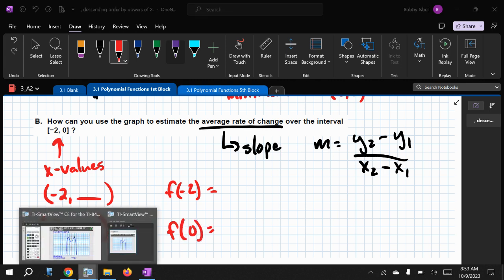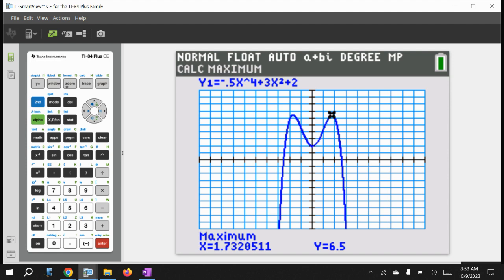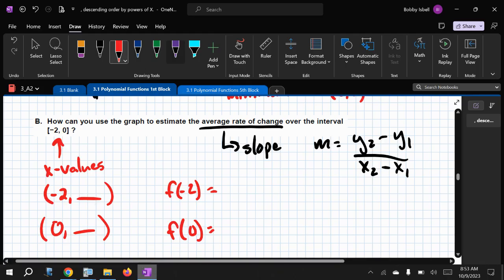I've got it on the calculator if I want to use that. I can hit trace -2, and it gets me the y value of 6. If I put trace 0, that's that y-intercept we have, 0, 2, for that graph. So those are my x1, y1, my x2, y2s.